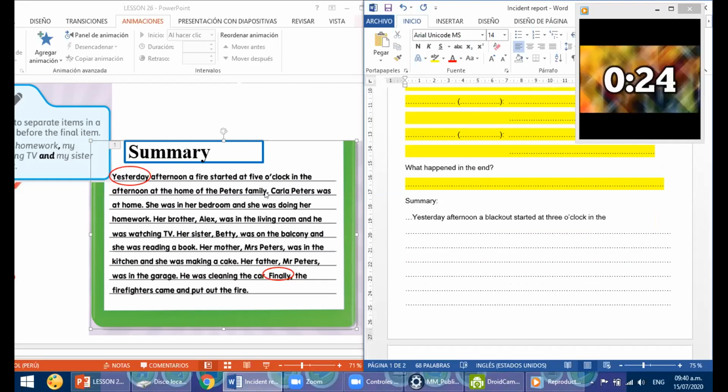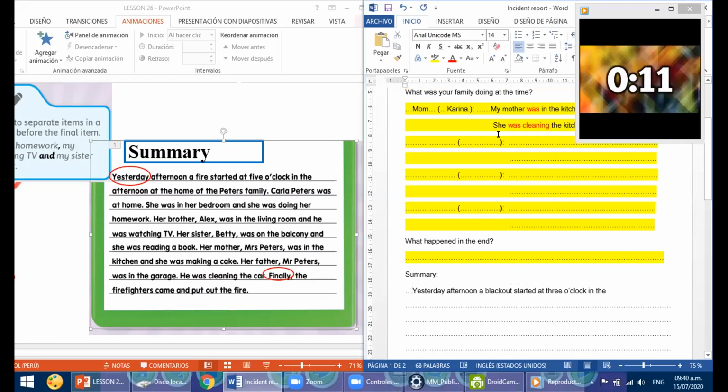We are going to use commas, periods, connectors, finally. But it's the same information that is above. It's the same.